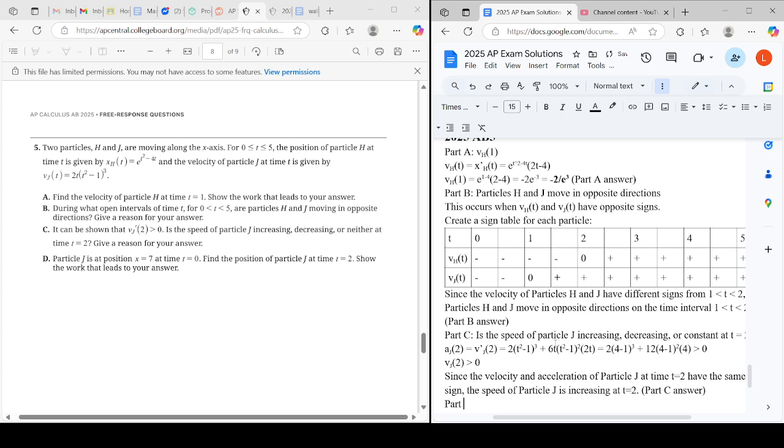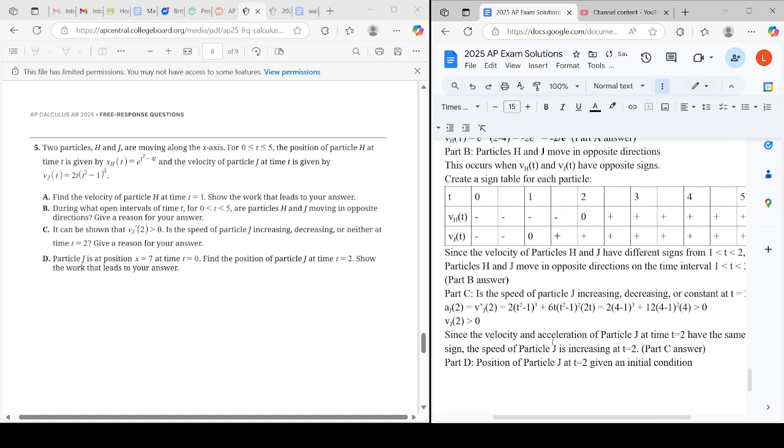And in part D, we're going to find the position of particle J at t equals 2 given an initial condition. Here we're going to use the Fundamental Theorem of Calculus and say x of j of 2 equals x of j of 0 plus the integral from 0 to 2 of v sub j of t dt, since remember this is the rate at which the position changes.